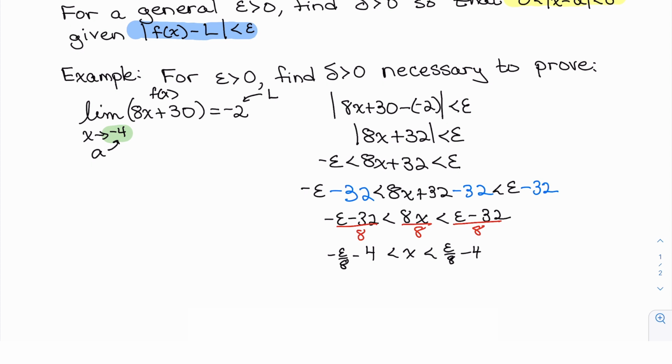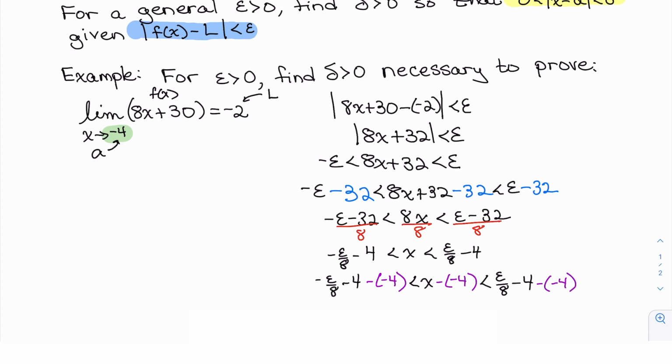So we have a negative epsilon over 8 minus 4, and then minus that negative 4, is less than x minus that negative 4, which in turn is less than epsilon over 8 minus 4, and again minus that negative 4.